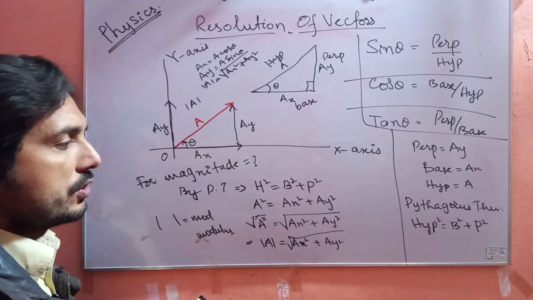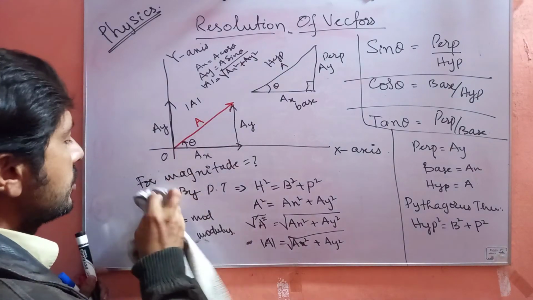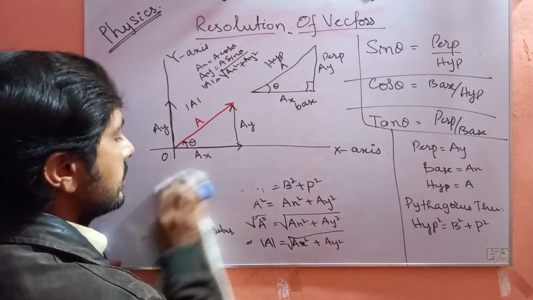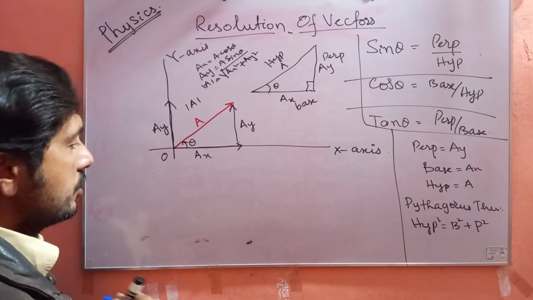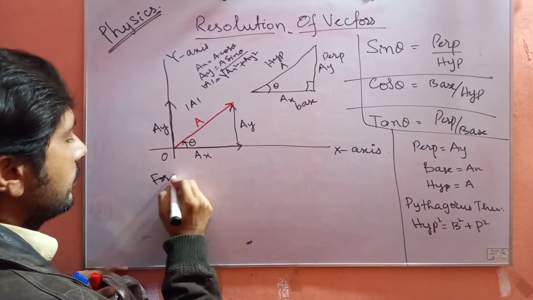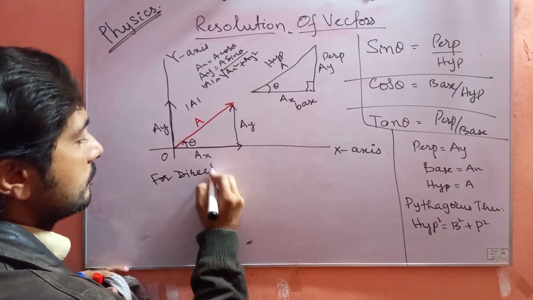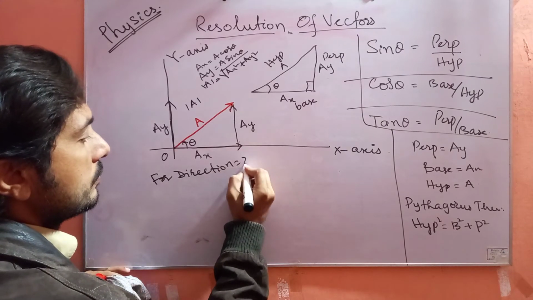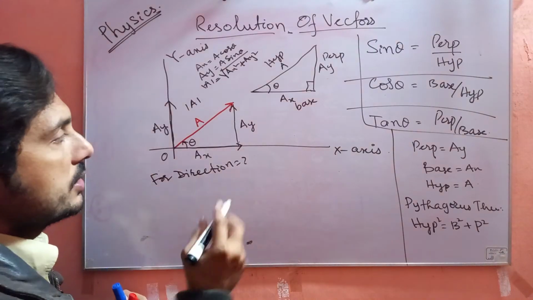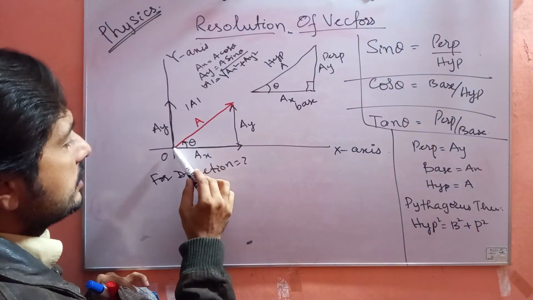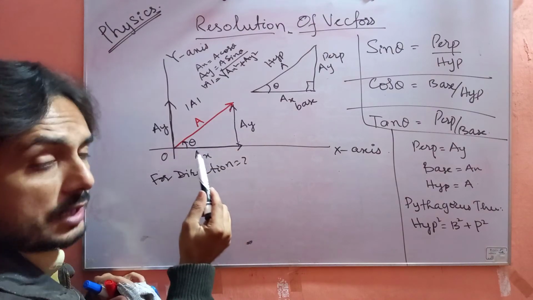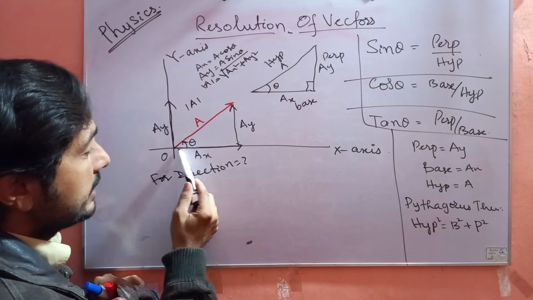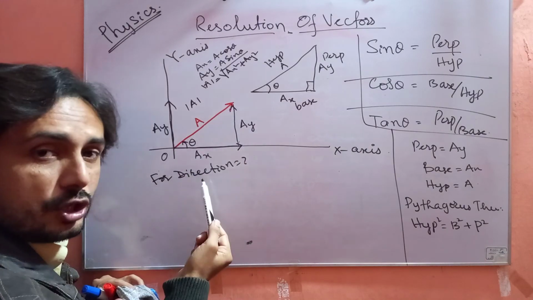The last thing remaining is the direction, or we can say the angle of this vector. As you can see, since this vector is drawn, the direction of this vector is determined by the x-axis and the y-axis.